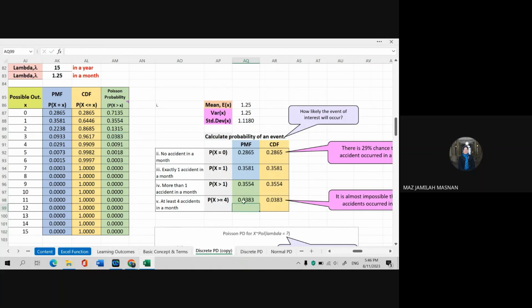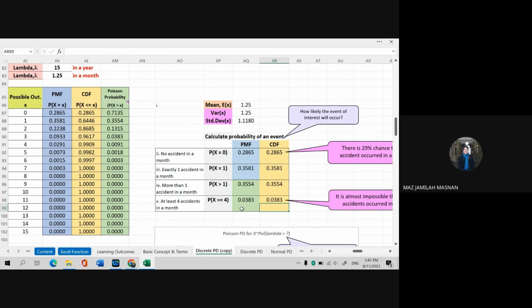You will get the answer. And if you are using the CDF, it will be simply 1 minus less than or equal to 3. So this is how you can get the answer.